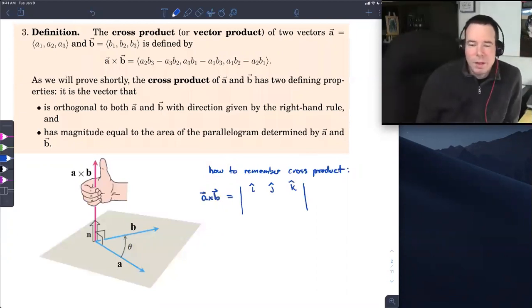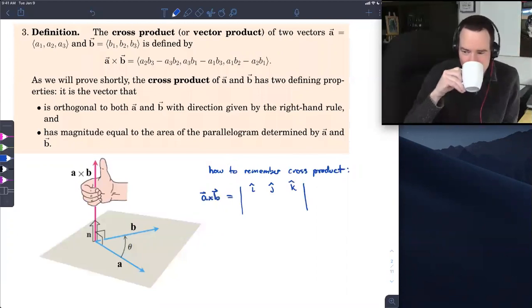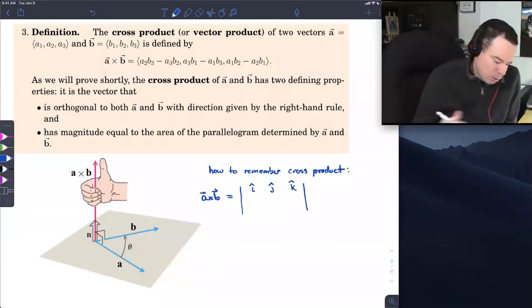And so this is just a memory device because I'm forming a matrix, but in this matrix, I'm taking my first row to be vectors, and then my next couple of rows will just consist of scalars. So it's not really an object we're used to dealing with. And so this is really just a memory aid.